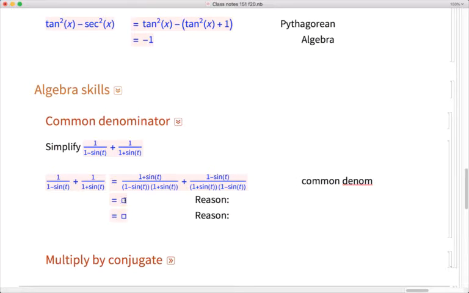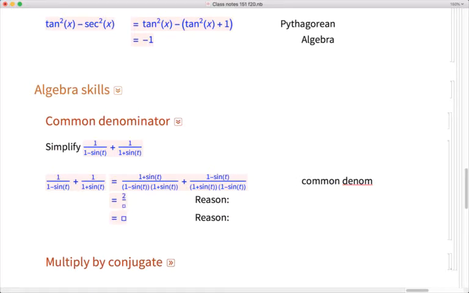So I get 2 in the numerator. And downstairs, this is one of the special products that we reviewed here. This is a minus b times a plus b. So downstairs, I get that this is 1 minus sine squared t.